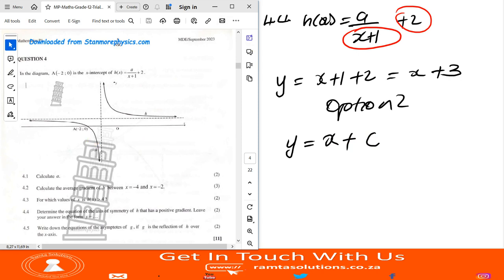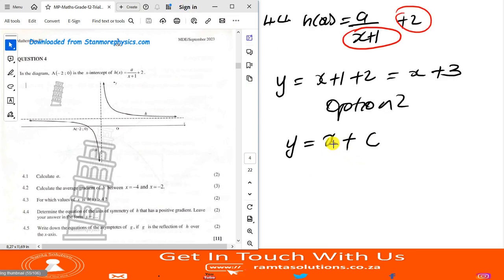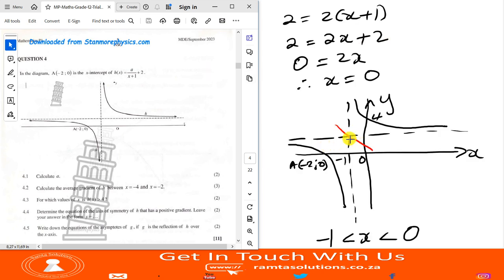Now let me go back to the diagram. These axes of symmetry pass through these points here. Do you see that? Now let's see the one with the positive slope. It passes through, which point is this? Remind me. It is minus 1 and 2.